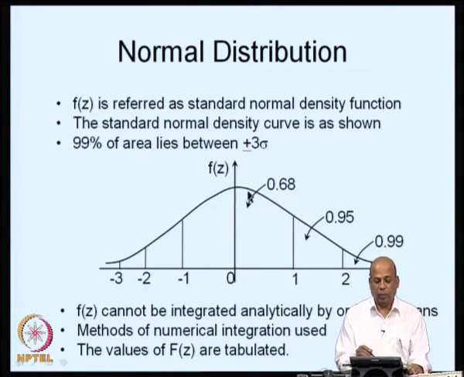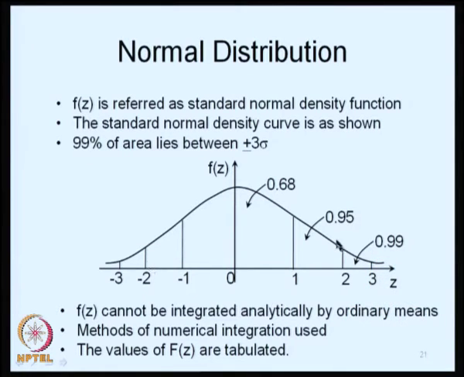About 68% of the PDF is contained in one standard deviation around the mean, which is 0. And if you take two standard deviations, that is between Z is equal to minus 2 to Z is equal to plus 2, about 95% of the area is contained in that. So, this area between Z is equal to minus 2 and Z is equal to plus 2 contains 95% of the area.